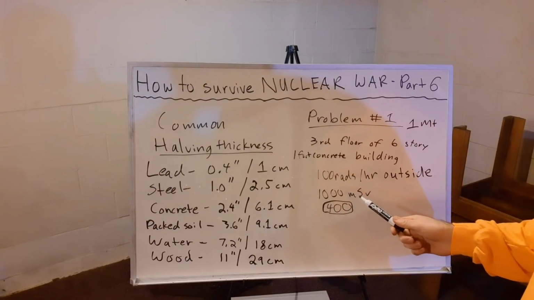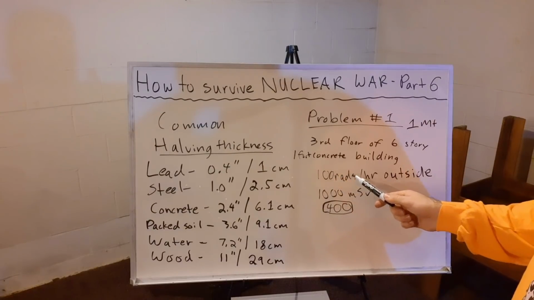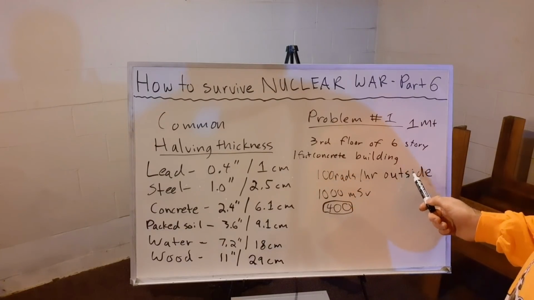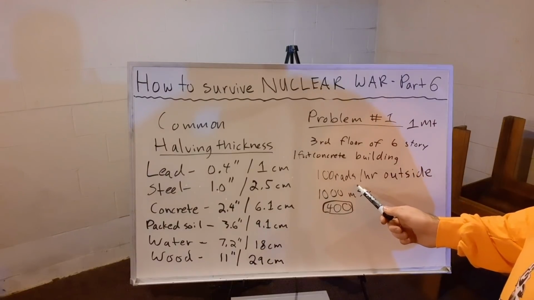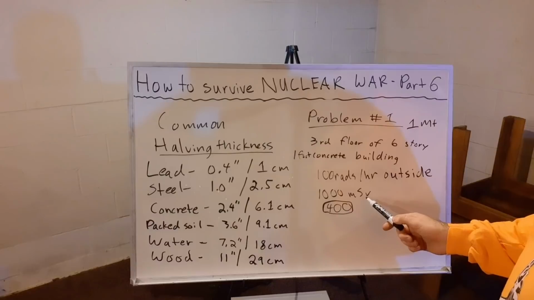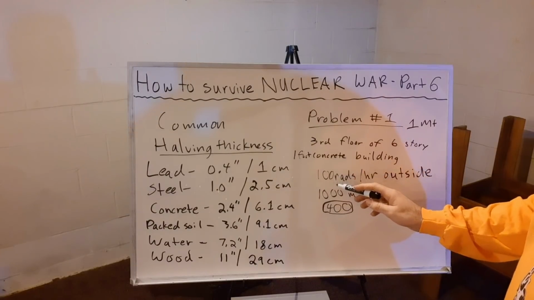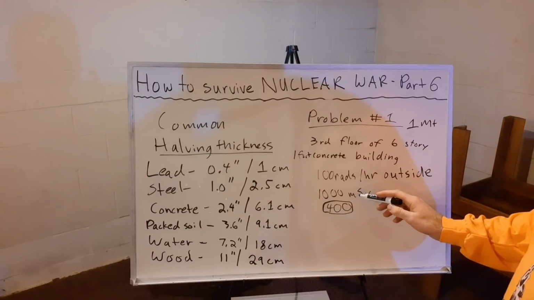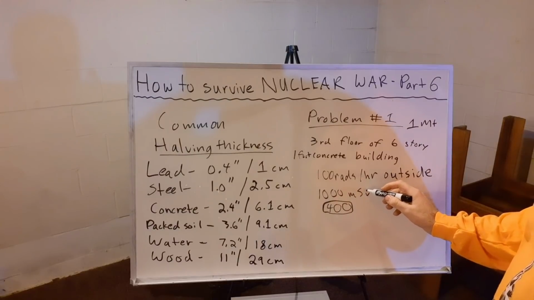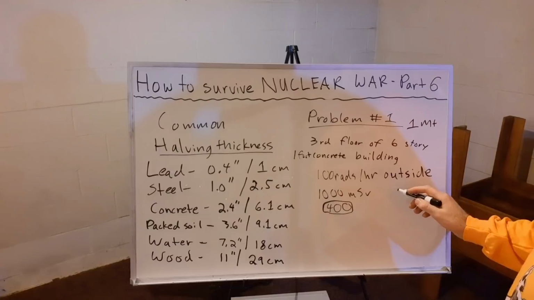If you remember from the earlier parts, that's how much the objects in the area absorb, 100 rads per hour of radiation. And we as human beings absorb millisieverts and rems. And 1 rad is equal to 10 millisieverts. So 100 rads per hour means that there's 1,000 millisieverts per hour outside.